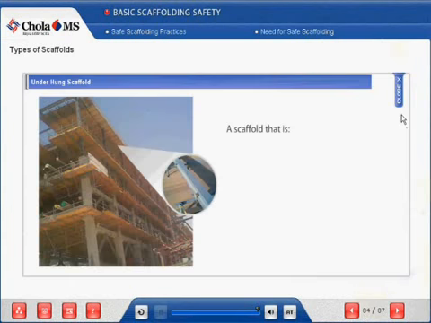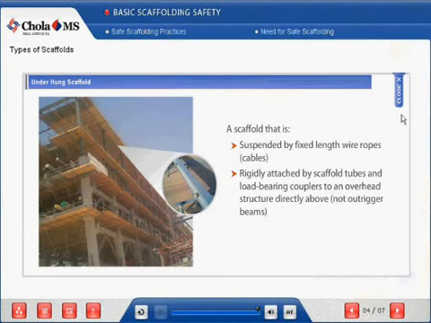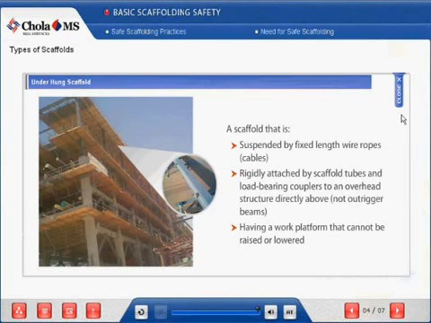Underhung scaffold is a scaffold that is suspended by fixed-length wire ropes or cables, or it is rigidly attached by scaffold tubes and load-bearing couplers to an overhead structure directly above, though not the outrigger beams. It has a work platform that cannot be raised or lowered.